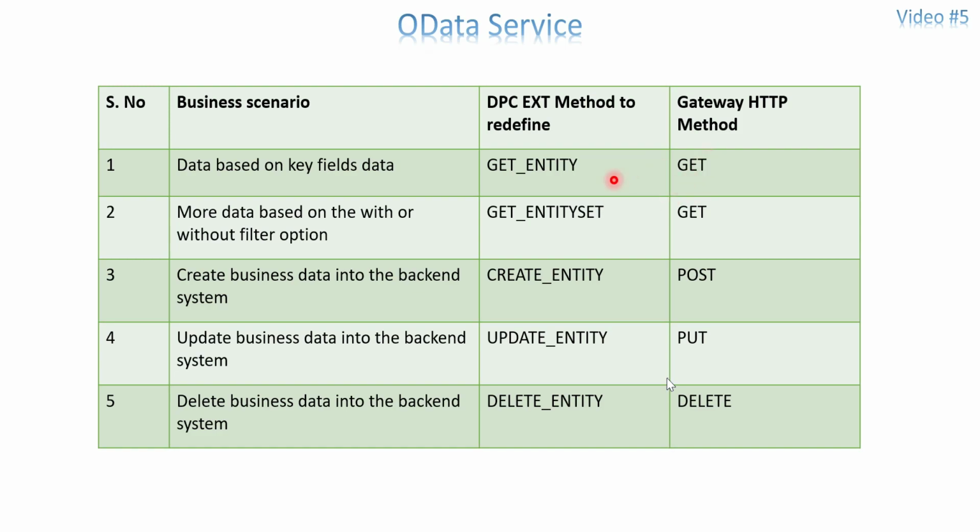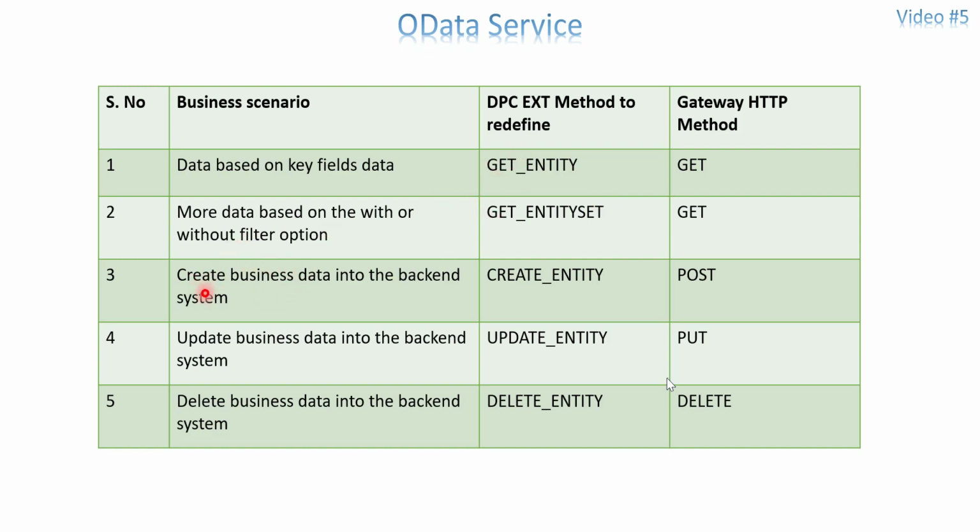Then how does the system determine whether to go for get entity or entity set? If we pass values for the key fields, by default it will go to get entity, and if we are not passing any values for the key fields of the particular entity, then it will call the get entity set method. So that is the differentiator.